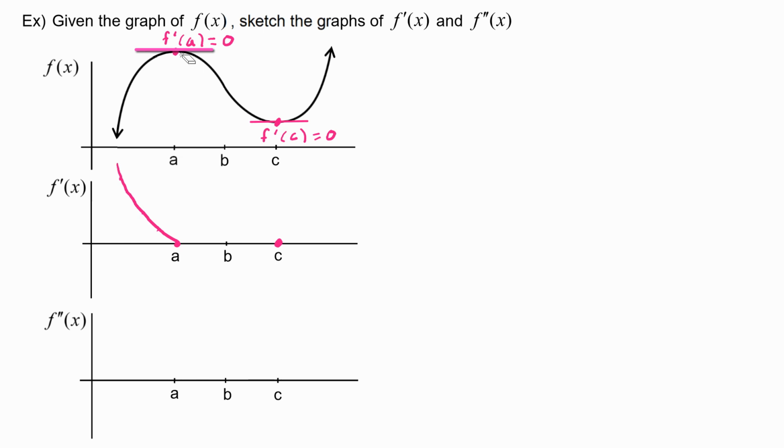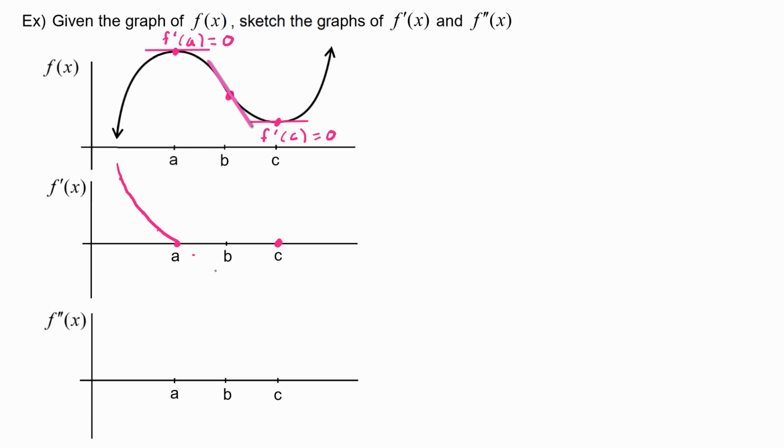after x equals a, we see that the slope is a negative number now. It's not very steep, so it would be a small magnitude negative number. As we move along here, it gets more negative and more negative and more negative until x equals b.